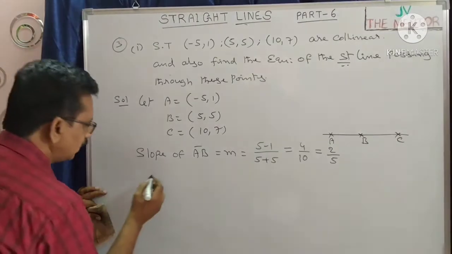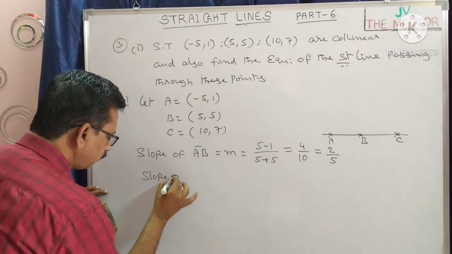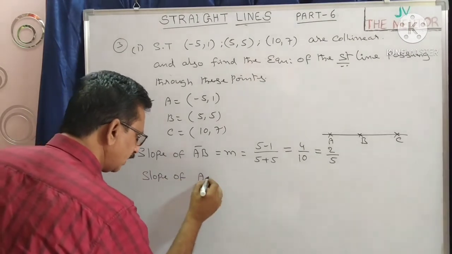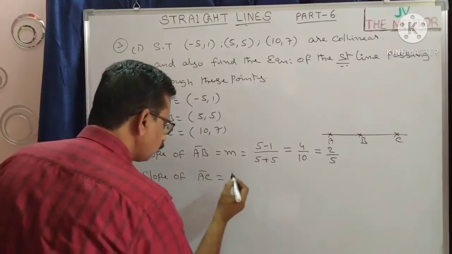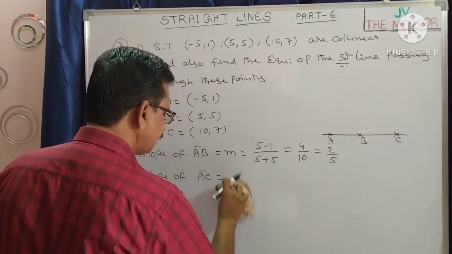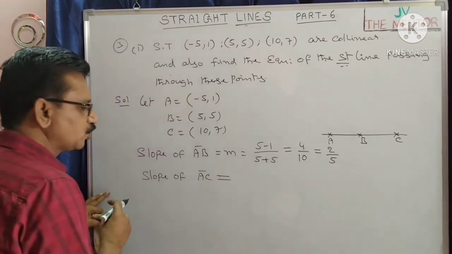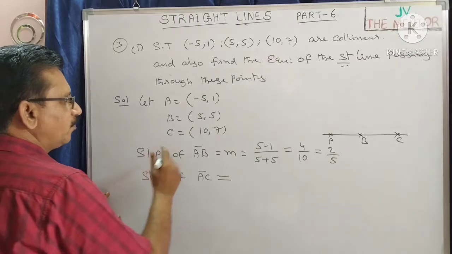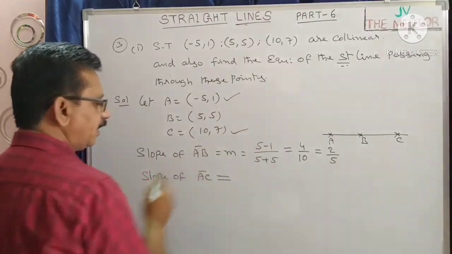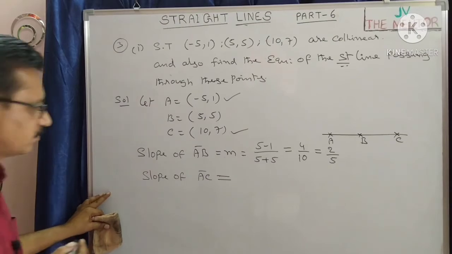Now slope of AC. Slope of AC or BC, we can calculate either way. Slope of AC, that is also m. Now taking the points A and C. y2 minus y1 by x2 minus x1.